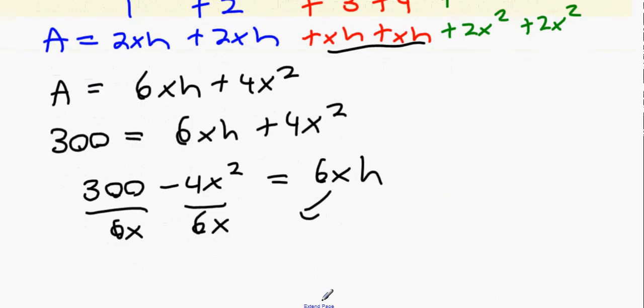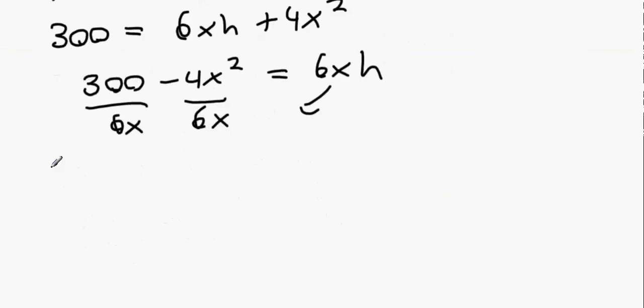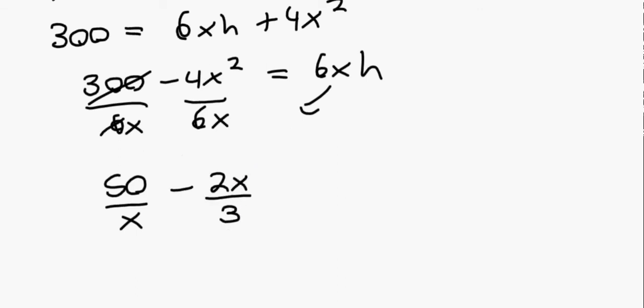And what I'll get is 50 over x, because 300 divided by 6 is 50. And then on the other one I'll get 2x over 3, because this x cancels with this one here, and 4 over 6 is 2 over 3.